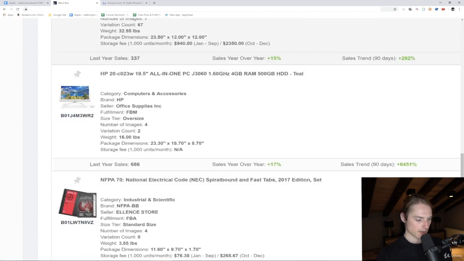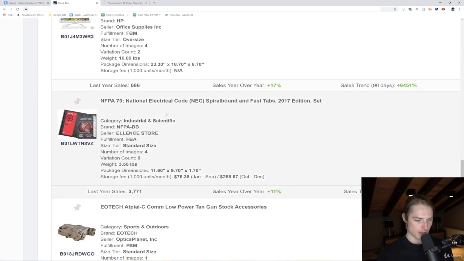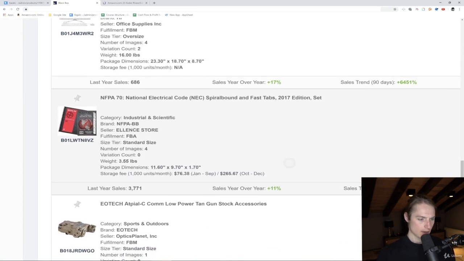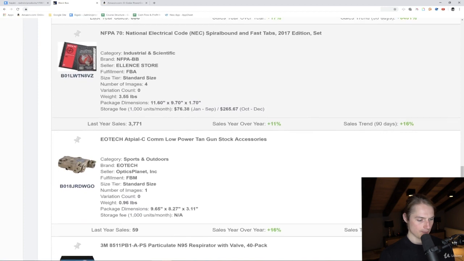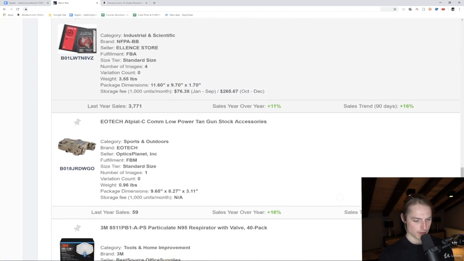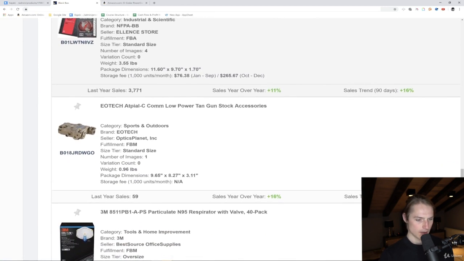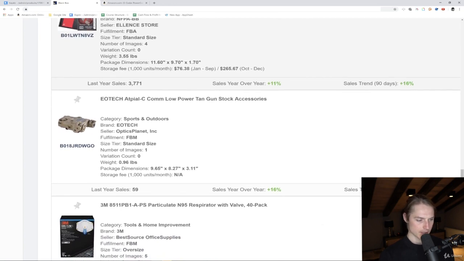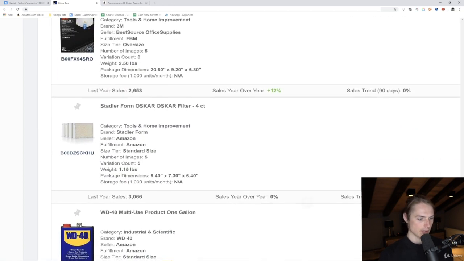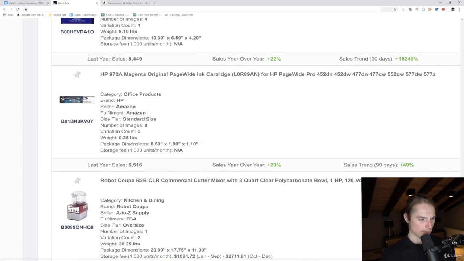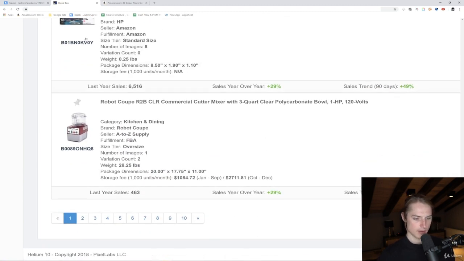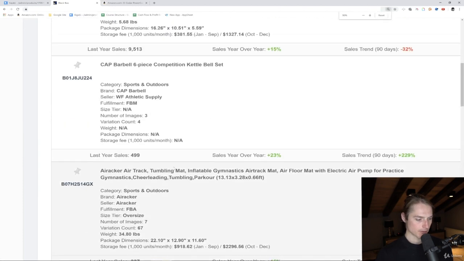I don't know if I'm going to make a good air mat. Maybe you could. Not going to sell an electrical code thing. Gun accessories, I'm not going to sell gun accessories. WD-40. I've got hope here.